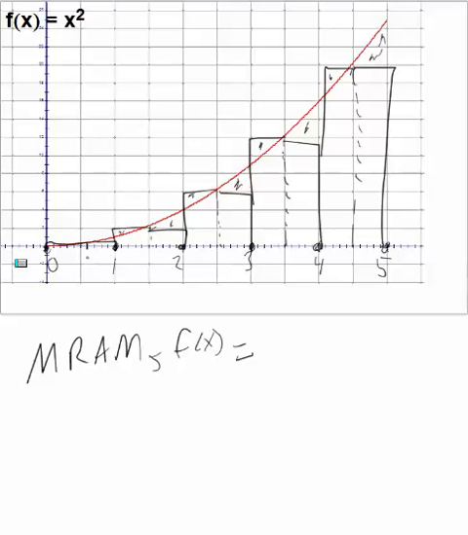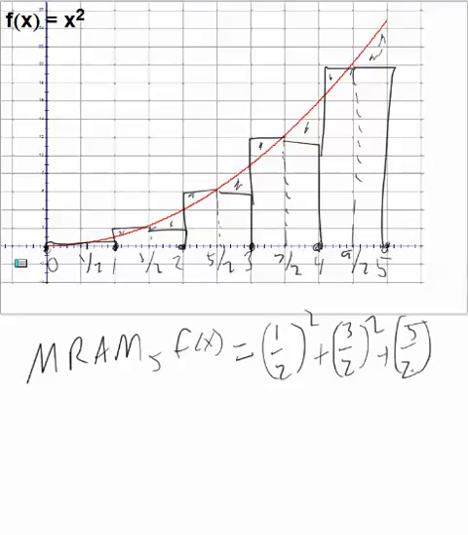So what would this be? My x values, I've got a half, 3 halves, 5 halves, 7 halves, and 9 halves. The base is just 1, so I'm not even going to multiply by that anymore. You get the idea. I have 1 half squared plus 3 halves squared plus 5 halves squared plus 7 halves squared and 9 halves squared.